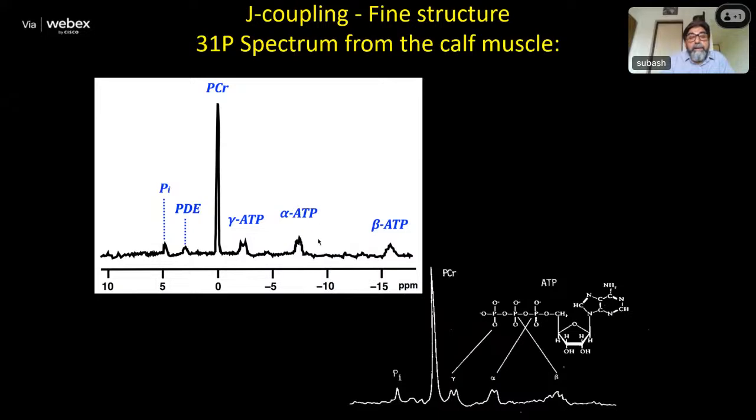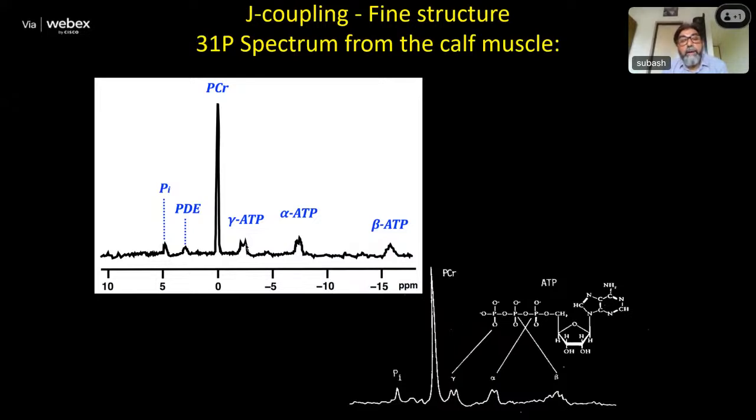Then these are the three ATPs: gamma, alpha, and beta. I think most of you will be aware of this ATP structure. There are three phosphorus atoms in ATP, and the structure is like this. The gamma and alpha phosphorus each have only one adjoining phosphorus, so they will give a doublet.